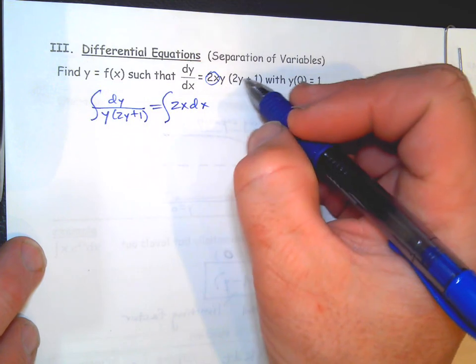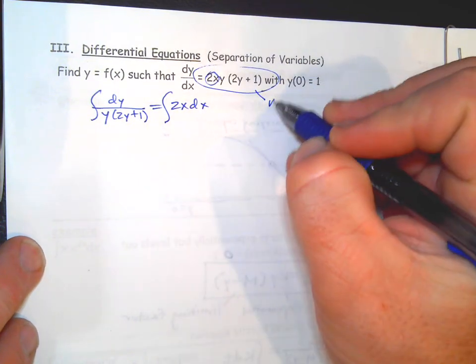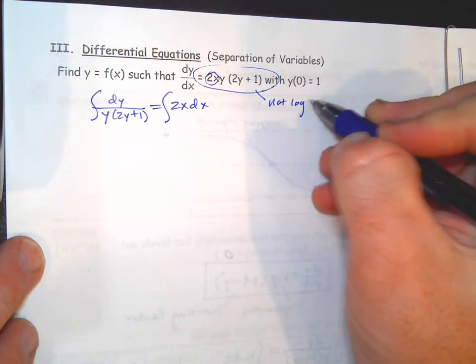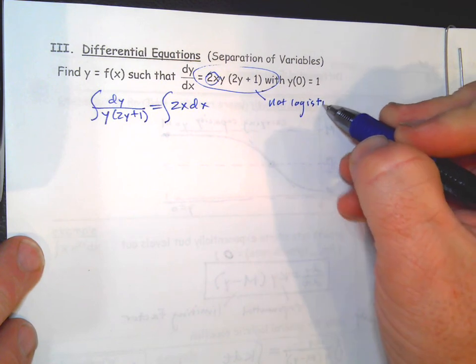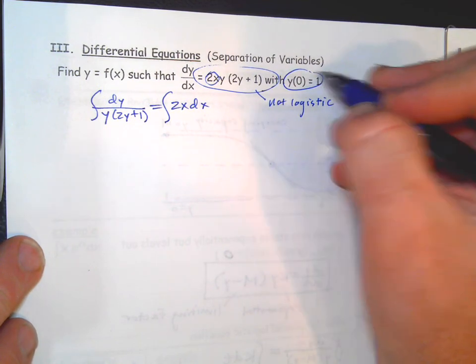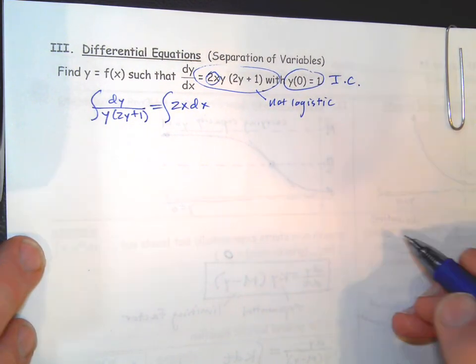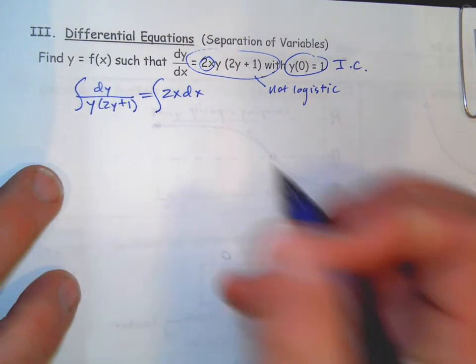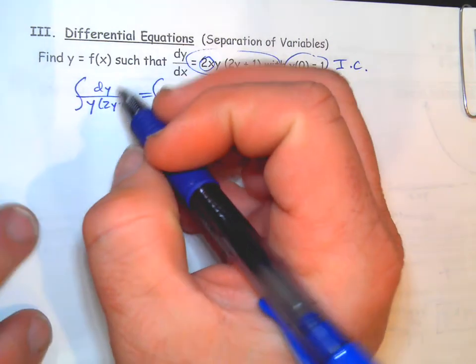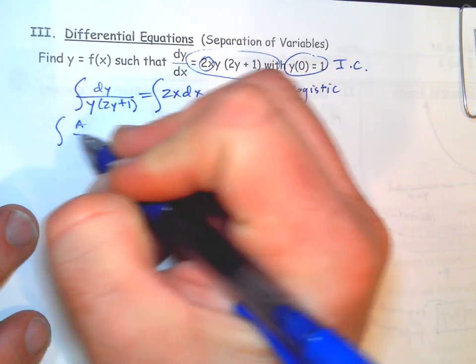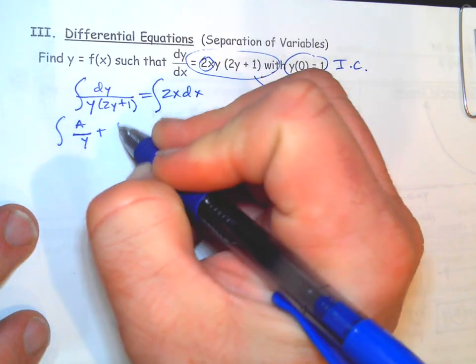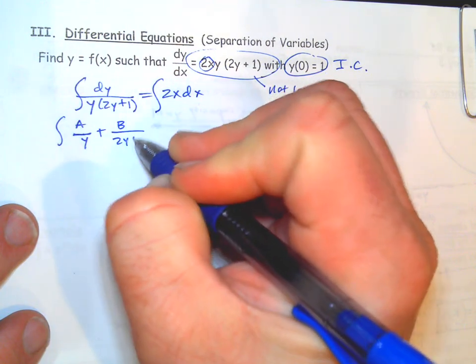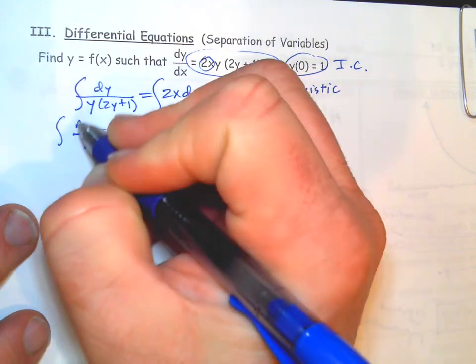By the way, this is not logistic. I mean, it looks close, but we have an initial condition here, so we're going to use that to find the c value when the c pops up. So we've got to do partial fractions. So this is going to be a over y plus b over 2y plus 1 dy.